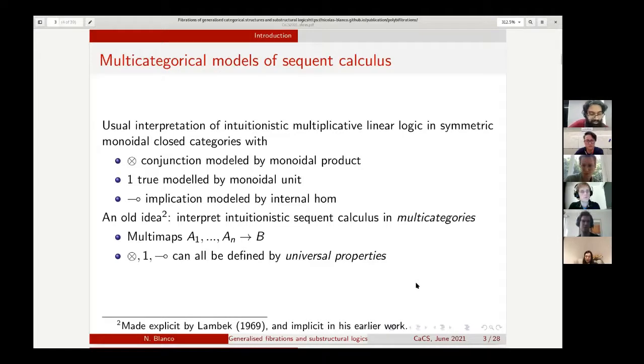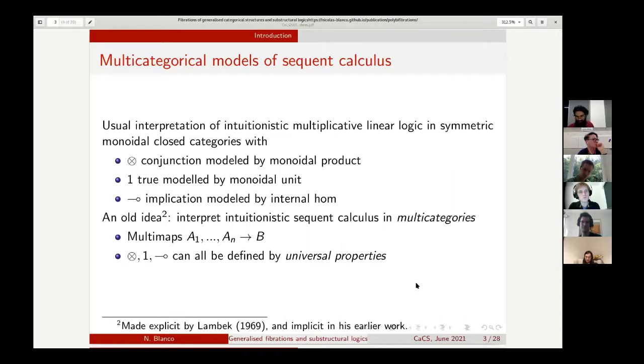And there is an old idea from Lambek in the late 60s, that intuitionistic logic in general, not necessarily linear, can be interpreted in what is called a multicategory, where the idea is that a multicategory has a notion of multimap, where you have multiple inputs and one output, instead of a morphism where you have just one input and one output.